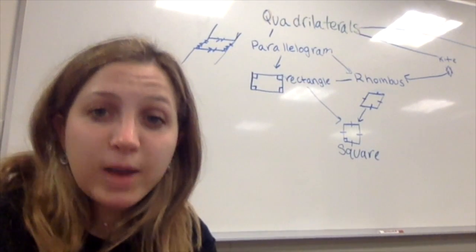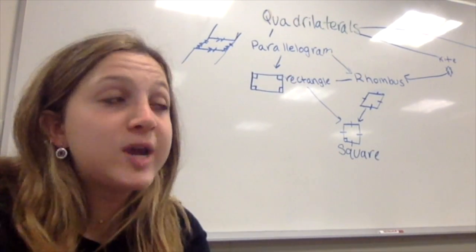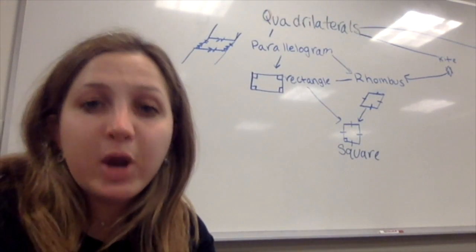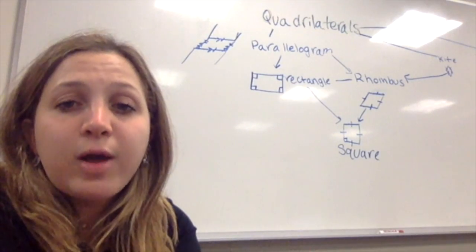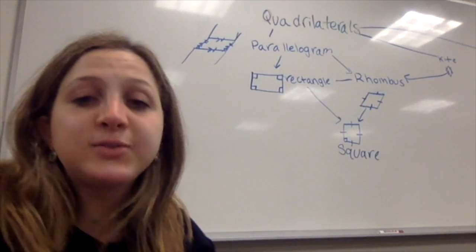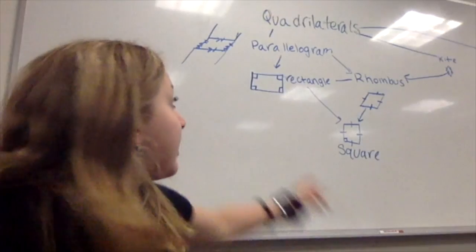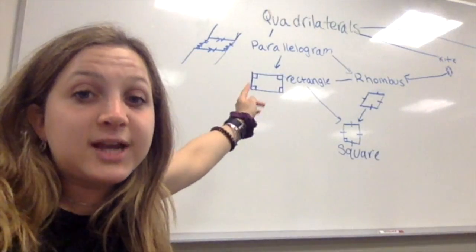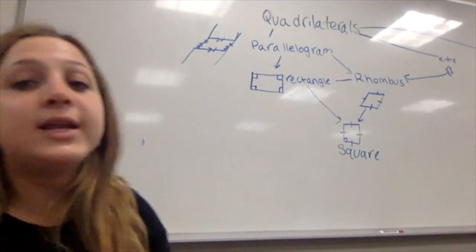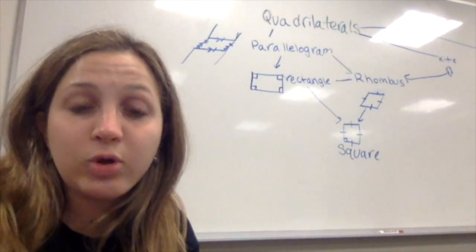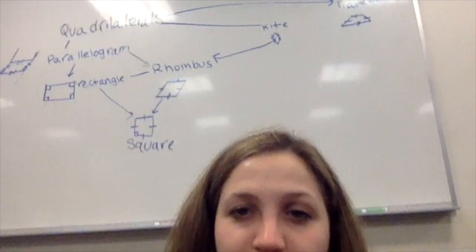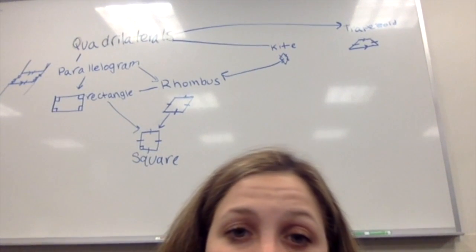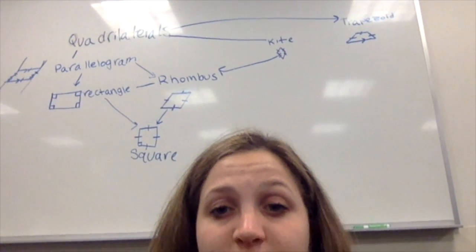The rectangle and rhombus are under the parallelogram tree because they have parallel sides. The opposite sides of both a rectangle and a rhombus are parallel. As we explained when I explained the parallel sides of a parallelogram, we can do the same for a rectangle and a rhombus. Under the quadrilateral tree, we have a kite and a trapezoid that are not under the parallelogram branch.